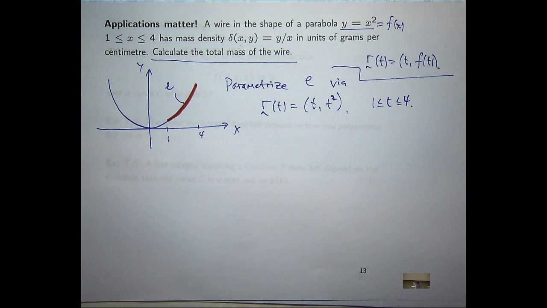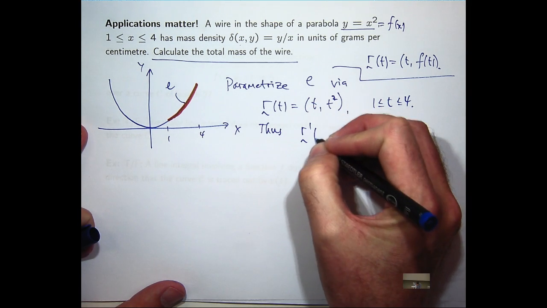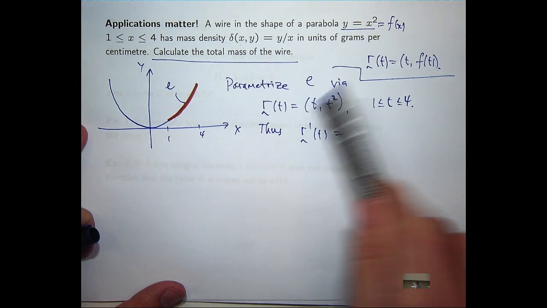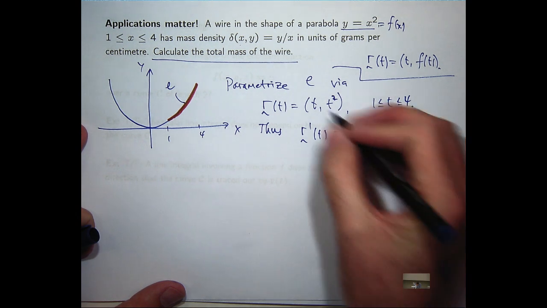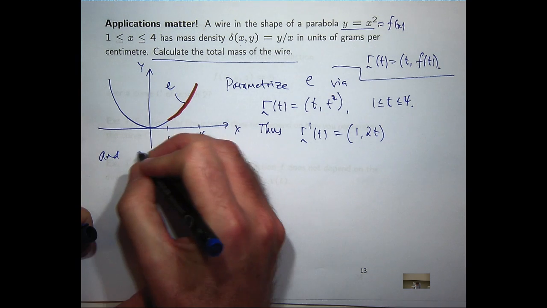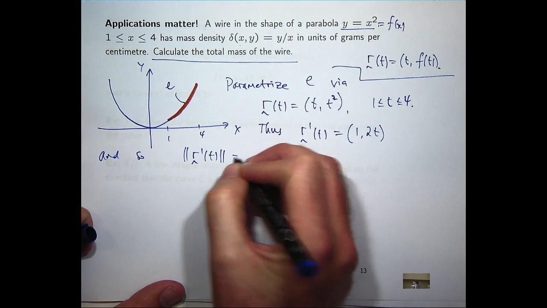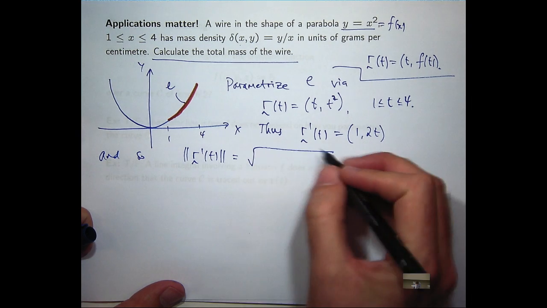Now let's compute the derivative and its magnitude, the tangent vector. You differentiate each of these components and work out the magnitude. Again, square each component, add them and take the square root.